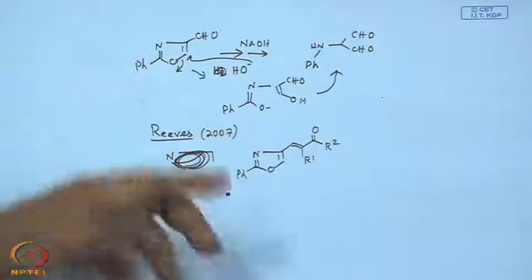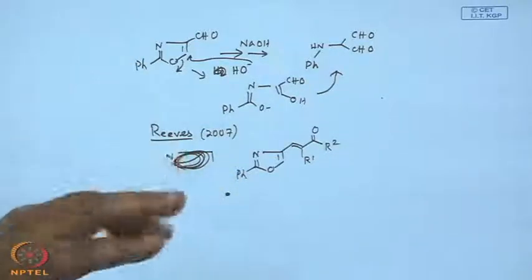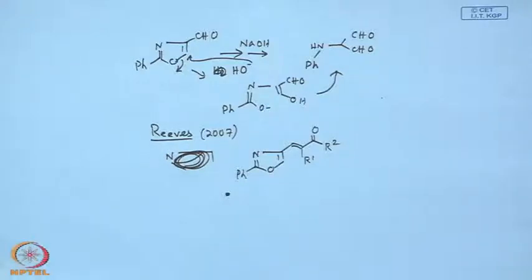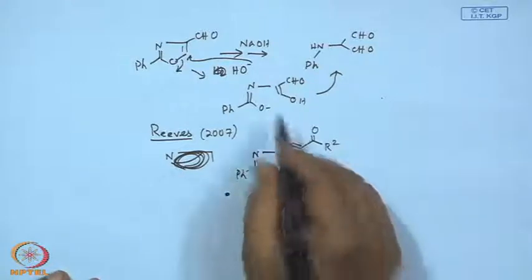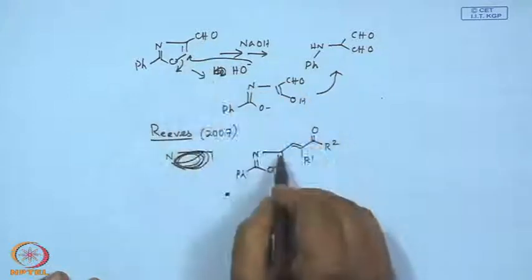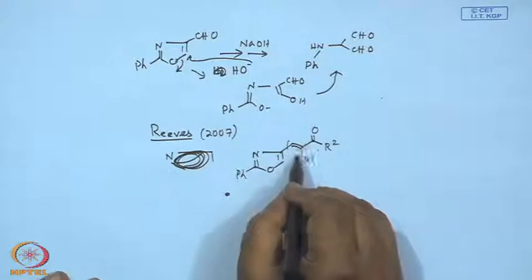See, they are both oxazoles, no problem. They both have a similar structure, only there is a change in the fourth position, but there is a striking similarity. If you see here, there is a carbonyl up here, there is a carbonyl up here, but between the ring and the carbonyl there is a group called which group? Vinyl group.